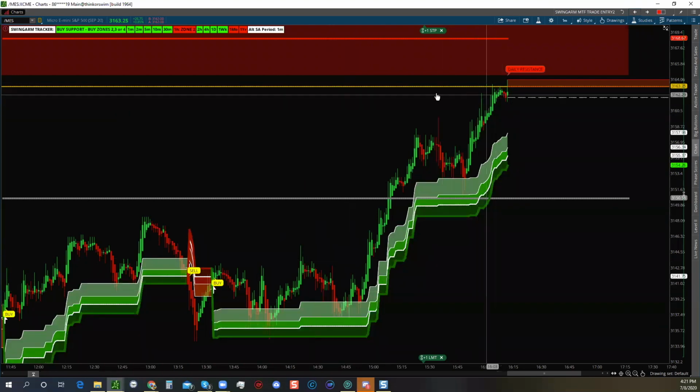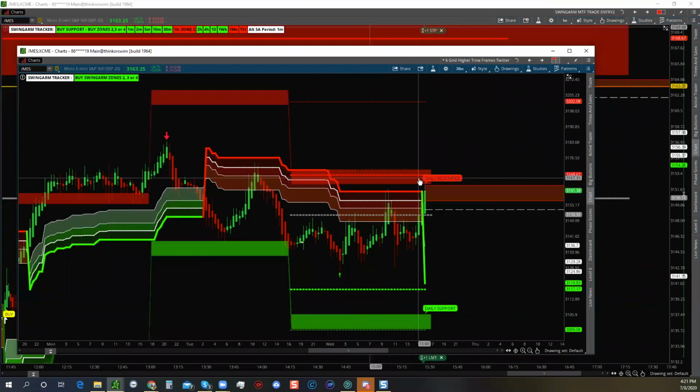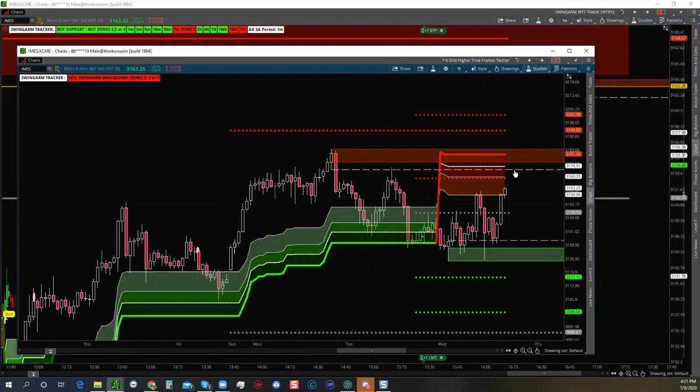So I was looking to short, and I'm actually short. Right now we're testing the 30-minute chart, as we can see right here. We have the daily resistance just above it, and we also have the 1 hour going all the way up here, all the way to 3181.